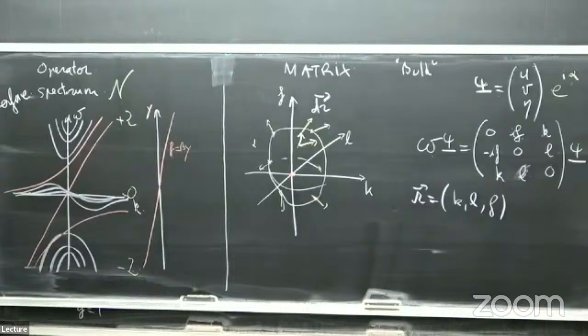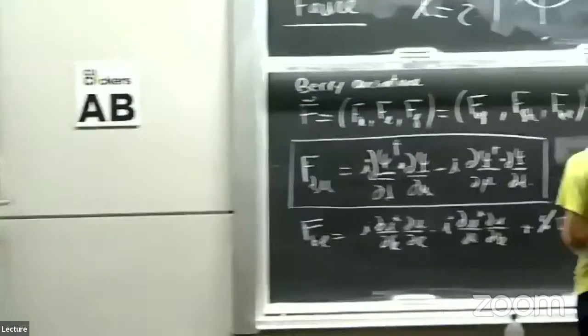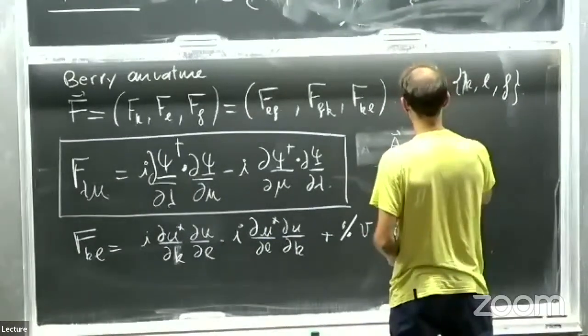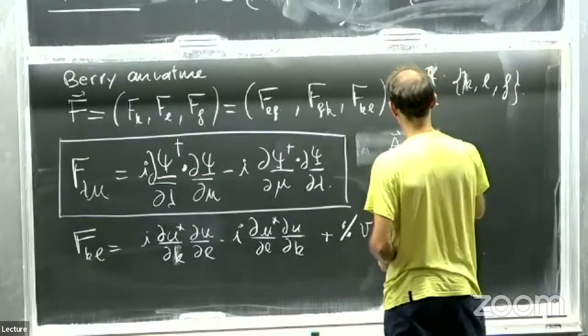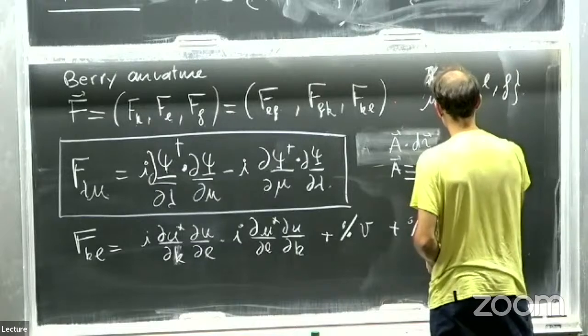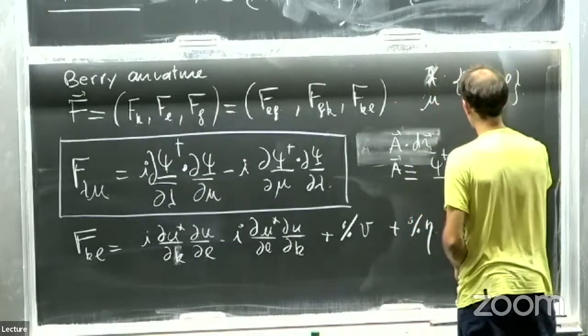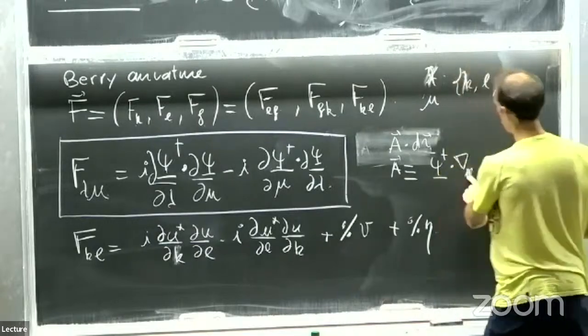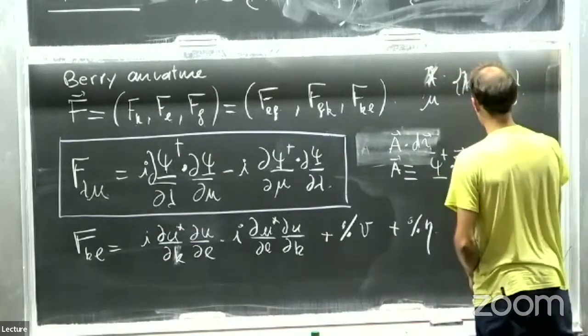I define the variation of the polarization relation as A times d_R, with dr, with A defined as the projection on the eigenmode of the gradient in parameter space. So R means that I take the gradient in parameter space.